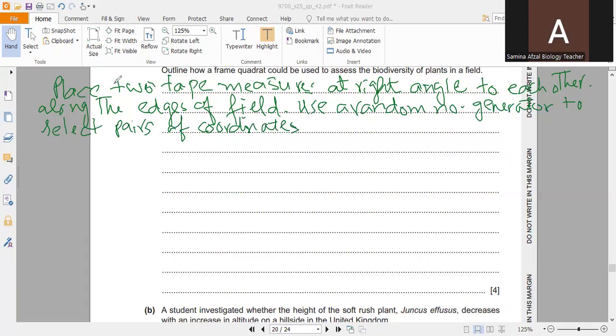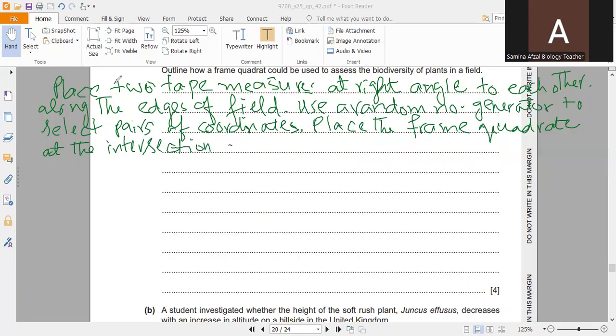And then place the frame quadrat, which is made up of wood mostly, at the intersections of the randomly generated coordinates.